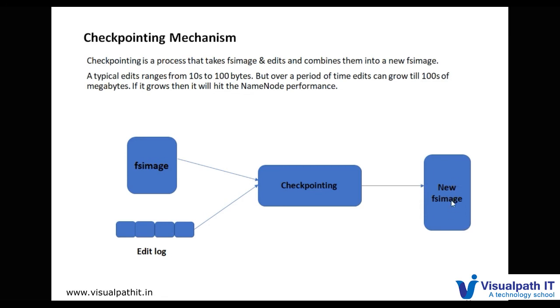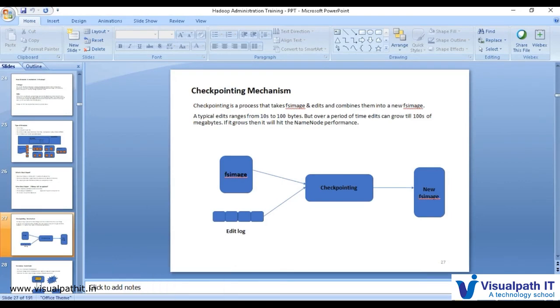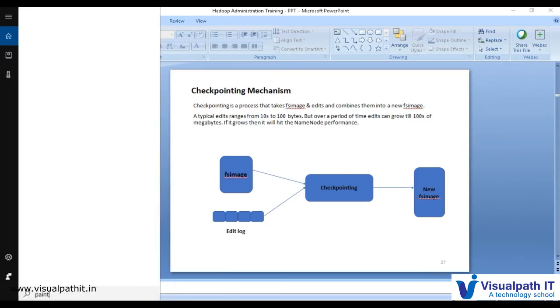Once checkpointing is done, it means fs image plus edits are merged, and the edit logs will be 0. What does it mean? Let me open a new paint.